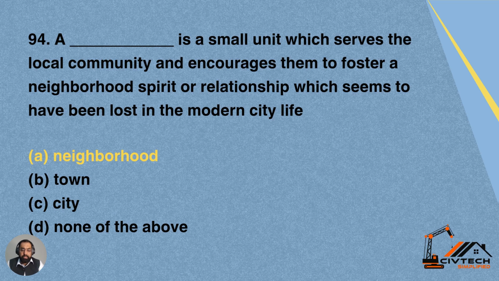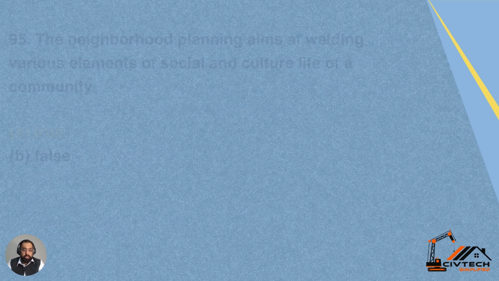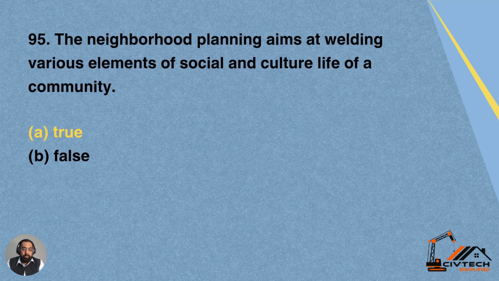So these areas are not the modern cities, but relatively larger than the villages. So they have local community, their norms, their relationships are already established as compared to the modern city. So that small unit is called a neighborhood. That is not a town, not a city. Option A is correct for this question.